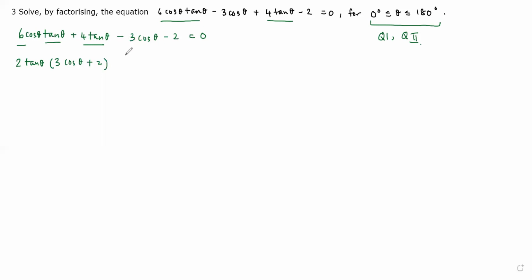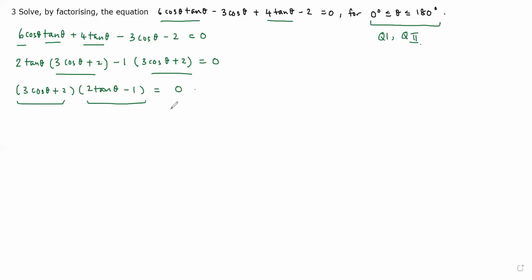For the remaining 2 terms, we can factor a negative 1, and we also have 3 cos theta plus 2 equals 0. You can see that 3 cos theta plus 2 are common. So we factor 3 cos theta plus 2, and we have 2 tangent theta minus 1 equals 0.